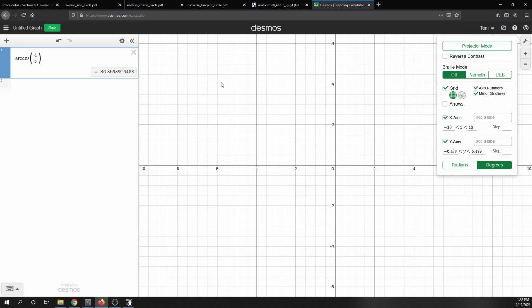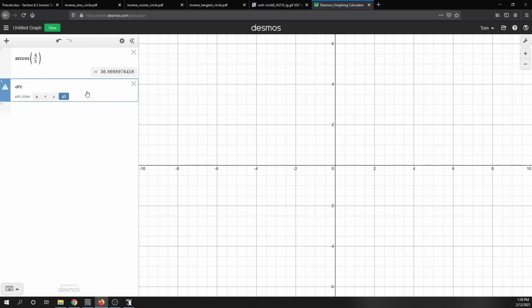So you have to type it as arc cos in Desmos. And let's just see what happens when I do. Yeah, you just get undefined there. So you'll either get error or on Desmos it's undefined.